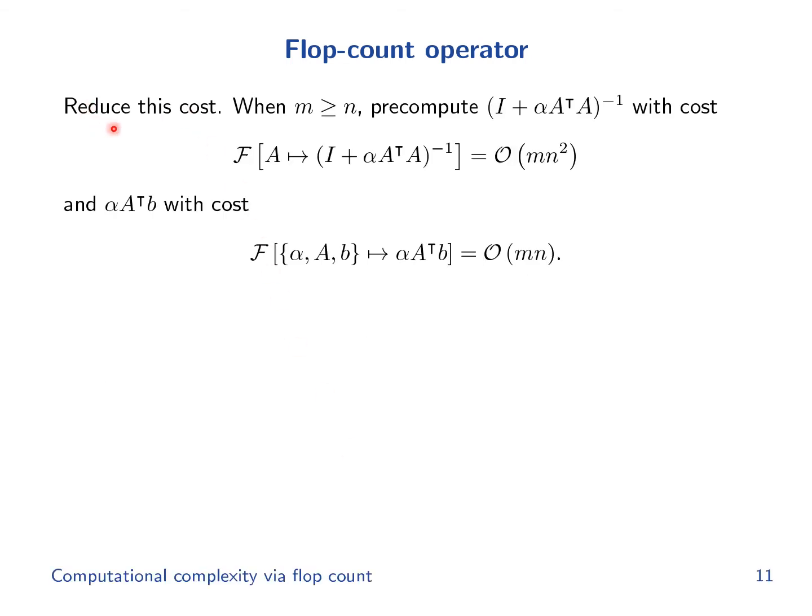We can reduce this cost by pre-computing the matrix inverse and storing it in memory, and pre-computing the vector A transpose B with alpha multiplied and storing it in memory.